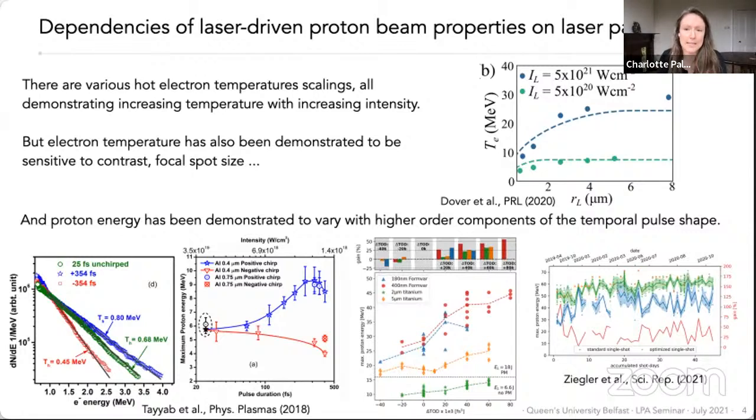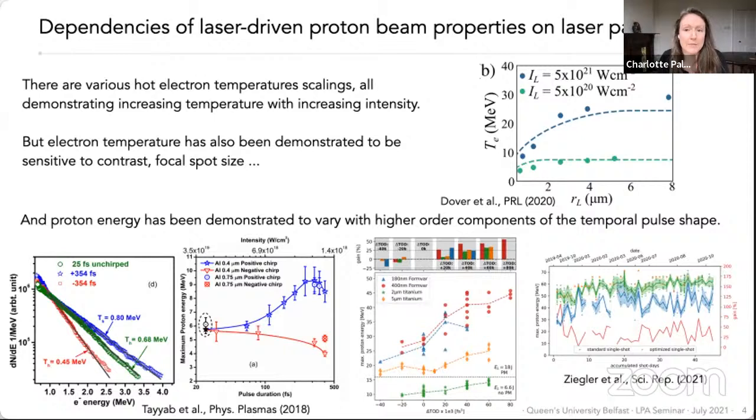So this work indicates that to achieve the electron temperatures that you might expect from the theoretical models like the ponderomotive scaling, the high intensity region needs to extend laterally with a certain extent. So in that sense, striving for higher and higher proton energies by just more tightly focusing the laser to achieve higher laser intensities might not be the optimum path.